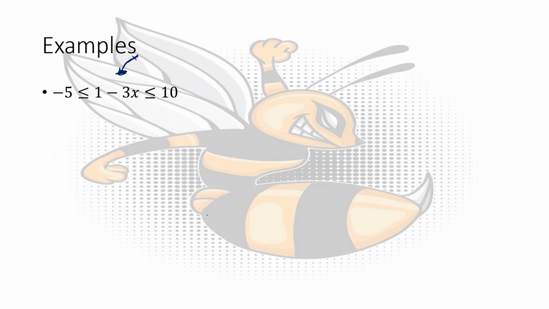So to get that x alone, first I need to get rid of this positive 1. Now to get rid of it, we would normally throw it over the equal sign to one side. In this case, our inequality has two sides, so we take the 1 and we throw it over to both sides. So it becomes minus 5 minus 1, 10 minus 1.